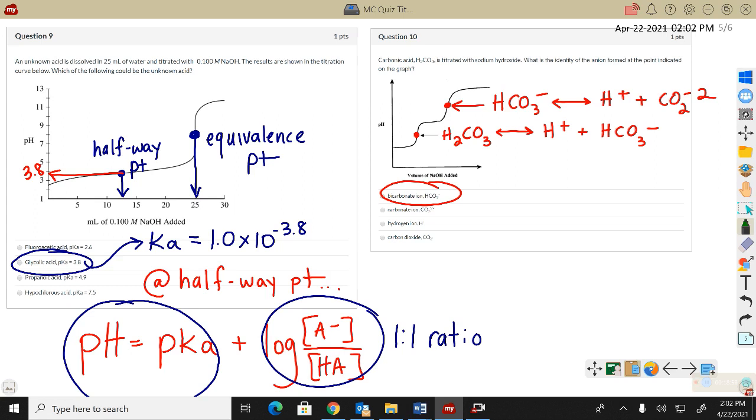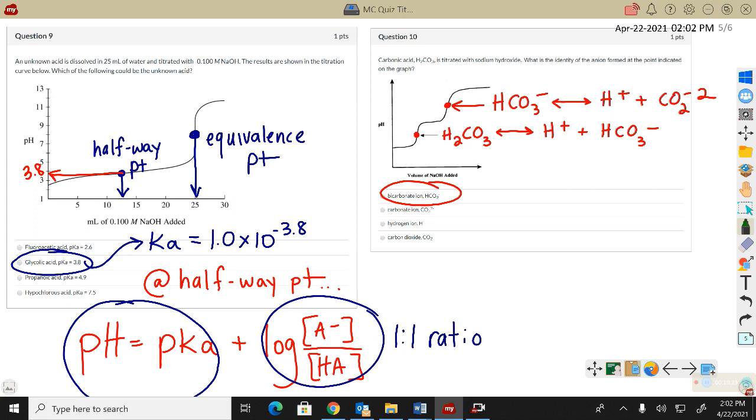And then finally, question 10 is a diprotic acid. So diprotic just means there's 2 hydrogens. You could have a triprotic acid with 3 hydrogens. And in your titration curve, you'll just see multiple equivalence points. So here at the first big jump in pH, the first equivalence point is where you lose the first hydrogen.